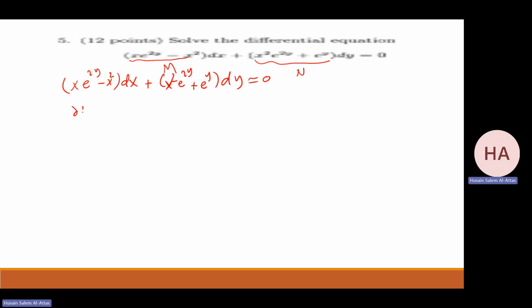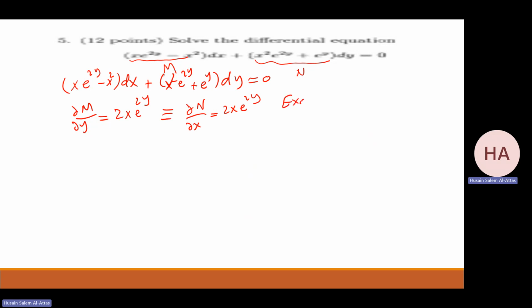So partial M with partial y, it will be what? 2x e^y. That's it. Partial N with partial x, it will be 2x e^y.